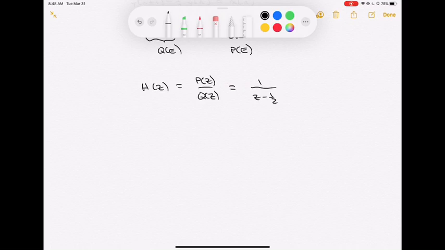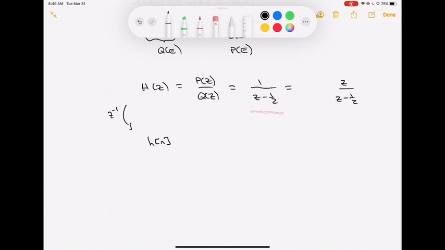I would like to be able to inverse transform this guy. And that inverse transform should deliver for me, with very little effort, the unit impulse response h of n. The only quirk that we have in this particular case is that the function I had, 1 over z minus a half, doesn't match anything in our tables. In our tables, we have things like z over z minus a half.